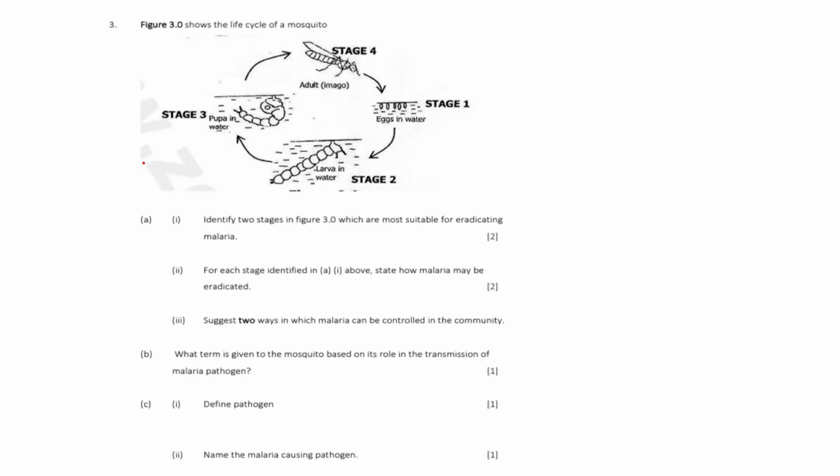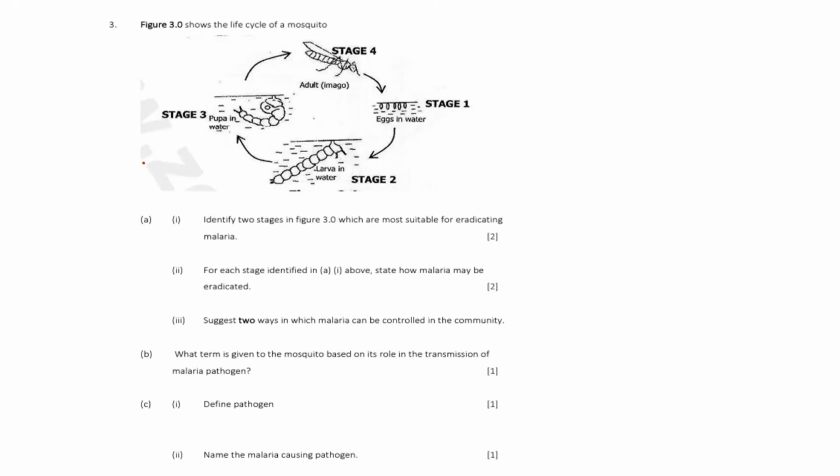So, the life cycle of a mosquito, what about it? You should know that a mosquito undergoes complete metamorphosis. What this means is that at all stages we have different forms. At different stages of the life cycle, the mosquito has different body forms from each other, and of course different behavioral and nutritional requirements.